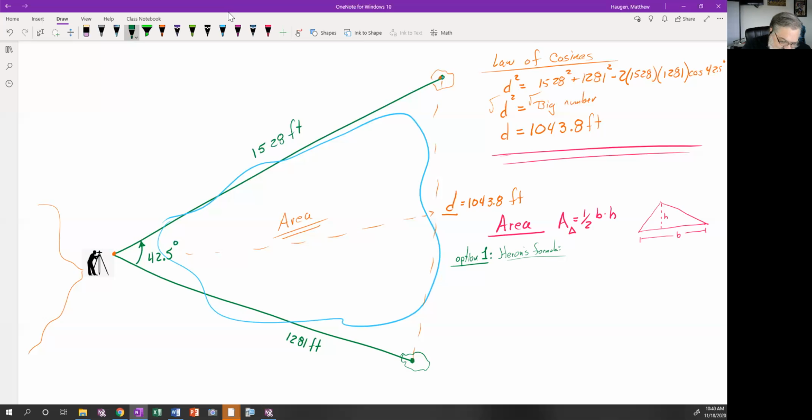Heron's formula defines a value S that is the half perimeter. So you add the 3 sides together, find the perimeter, divide that by 2. So you get this half perimeter. And then you multiply that half perimeter by the difference between the half perimeter and each side. Yeah, Greeks, I tell you.